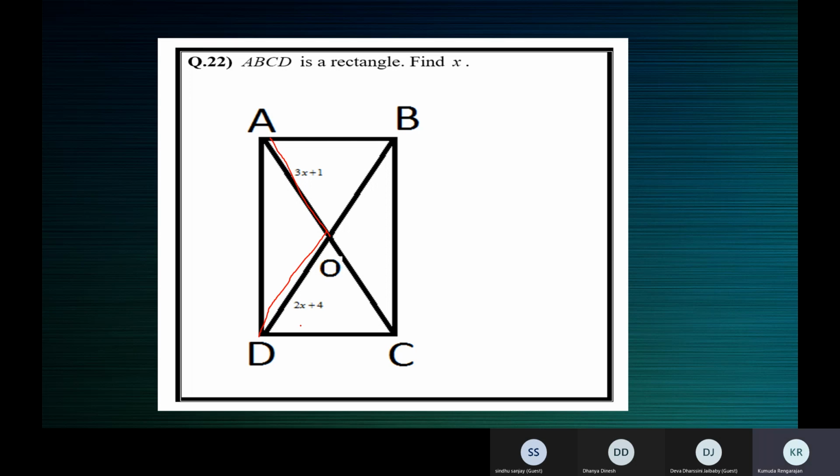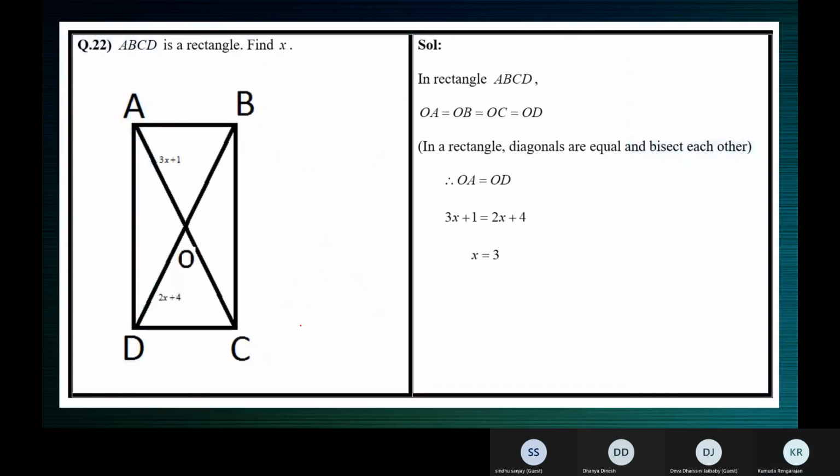Yes, children, x is 3. You're right, because in a rectangle, diagonals are equal and they bisect each other. For example, if AC is 20, how much is AO? 10. And OC is 10. Correct?